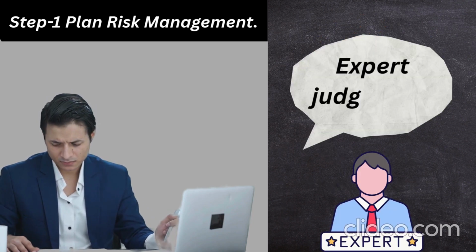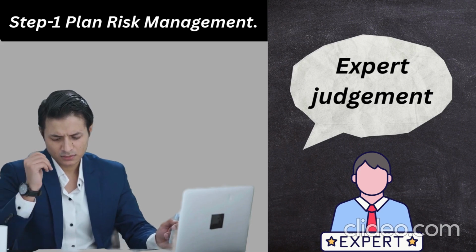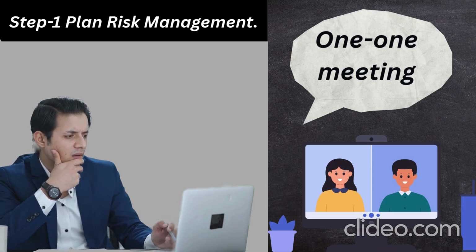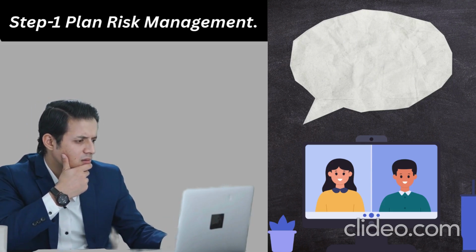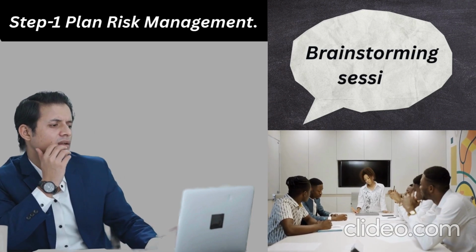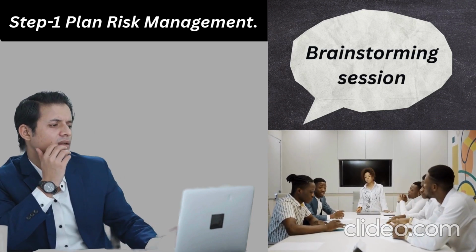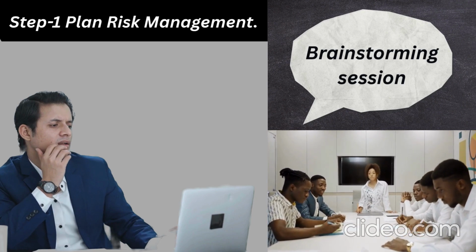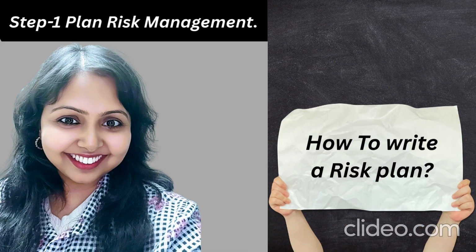He might consult an industry expert. He might do one-on-one meetings with the more experienced team members, and the whole team can sit together and do brainstorming. So these techniques can help the project manager to write the risk management plan better. Now let's take a look at how a project manager exactly writes the risk plan.